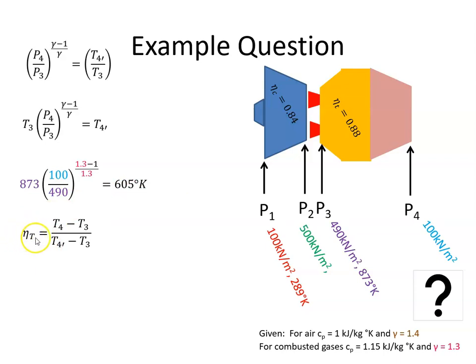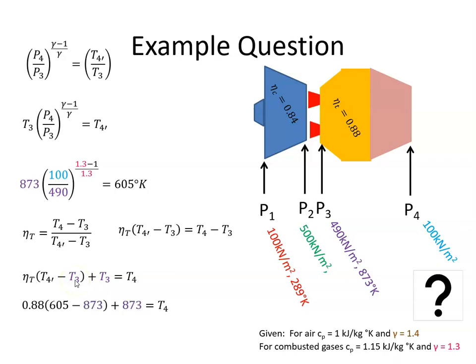But the turbine has an efficiency of 88%, and we want to get the actual temperature. So we can do that by multiplying both sides by the denominator here, and then bring the T3 across.